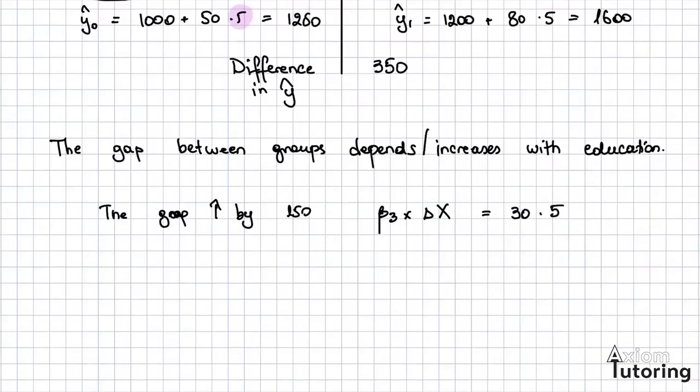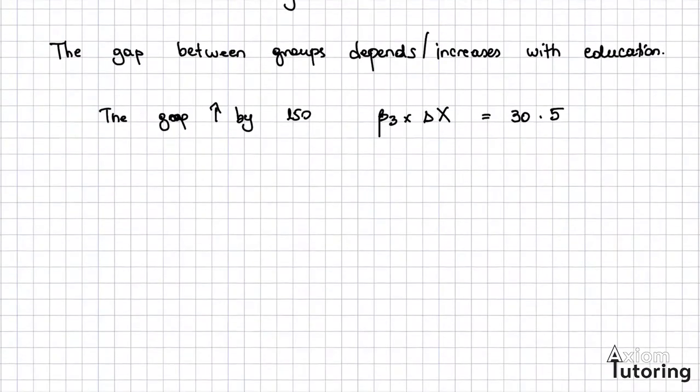And this is not a coincidence, because if you remember, when we found the derivative of y with respect to the dummy, that was simply beta 2 plus beta 3 times the x. So in this case, we have all the numbers. This should be just 200 plus 30x. So the difference across the two groups is literally just that beta 3, which in our case is the 30.